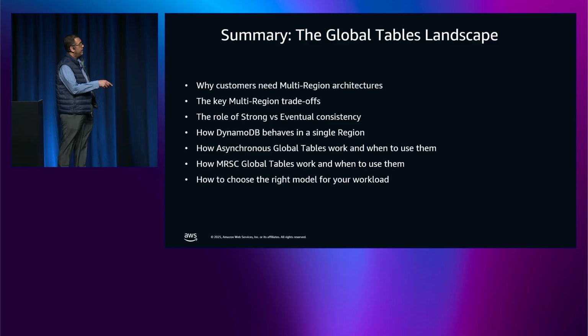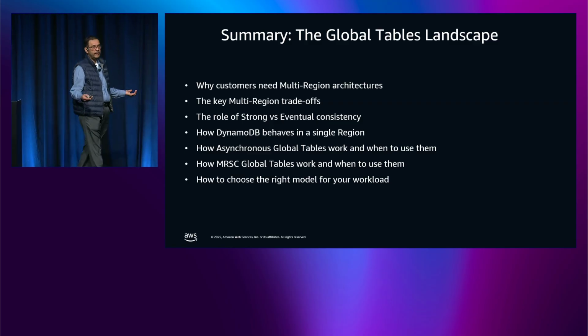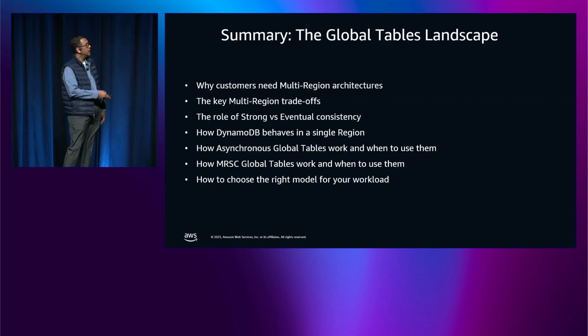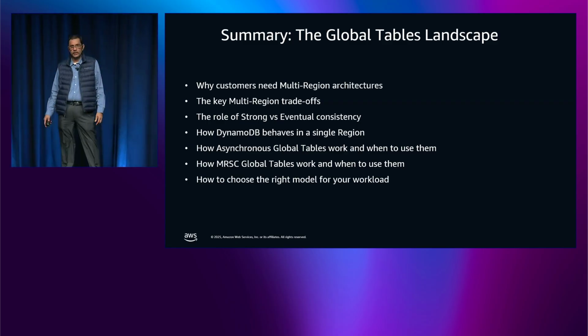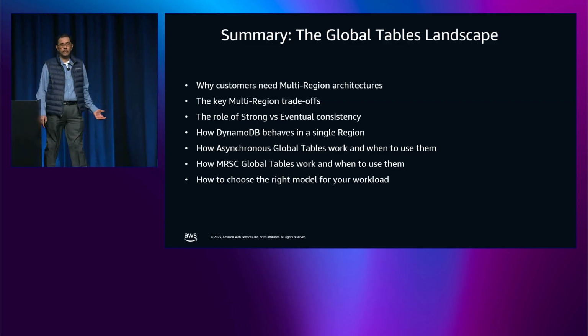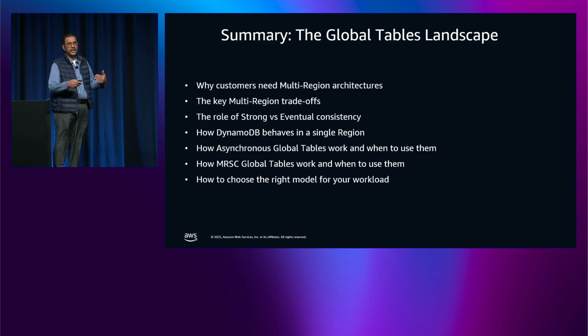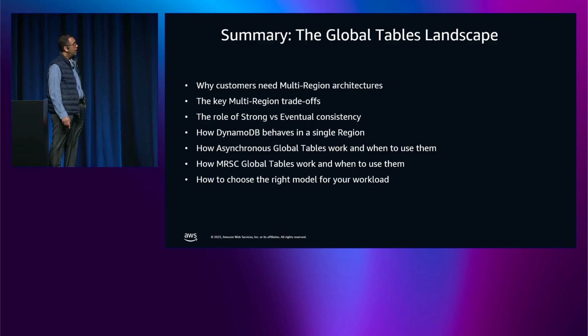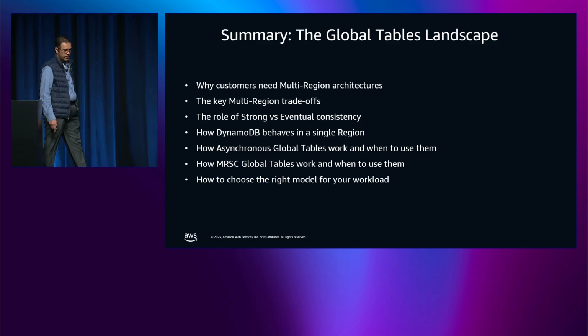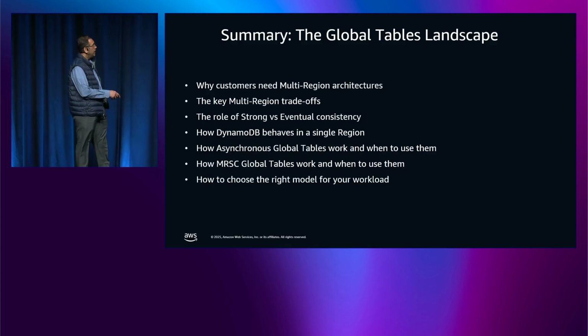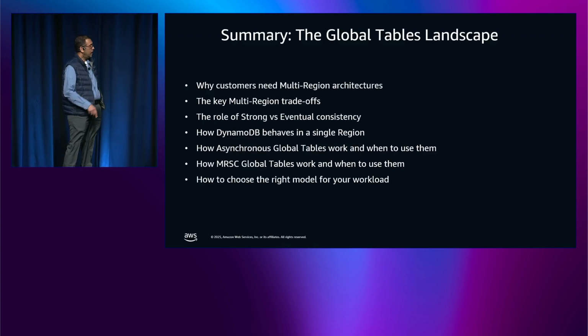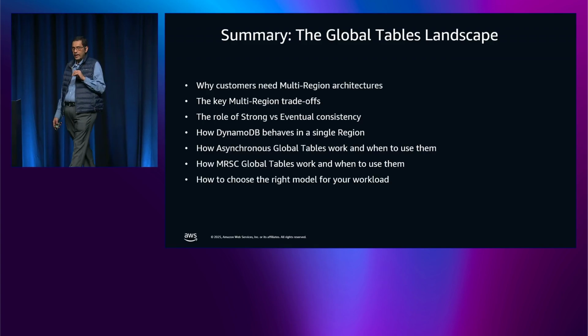If you require everything to be done synchronously, you are at the mercy of long network lags. If you're able to tolerate eventual consistency, you can do everything with the inter-AZ or intra-region costs. How does DynamoDB behave in single region versus multiple regions? And the most important thing is how to choose the right model for your application.